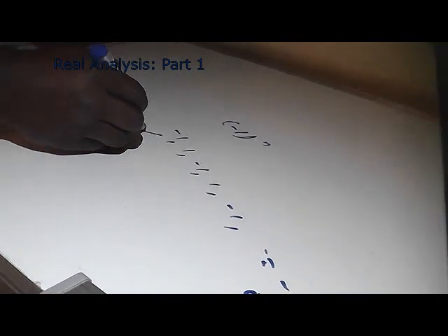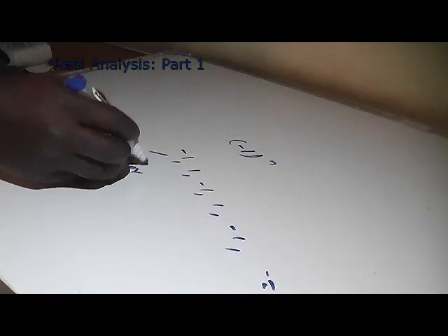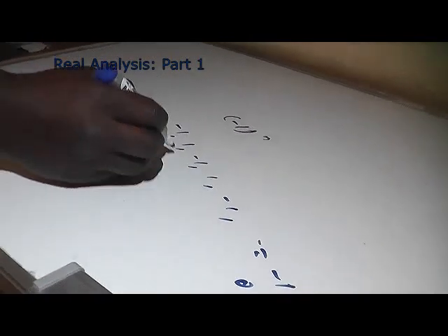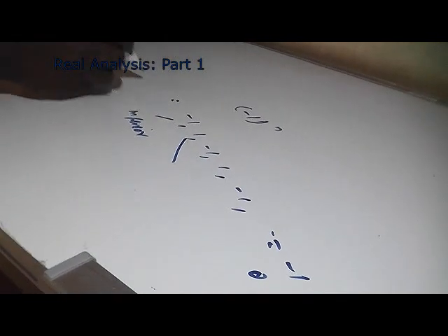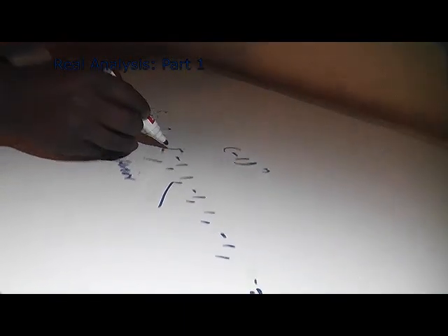So this certainly does not converge, but minus 1 is called the limit inferior of the sequence, and 1 is called the limit superior. So the limit inferior of this set is minus 1, and the limit superior is 1.